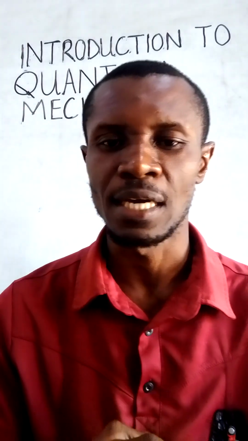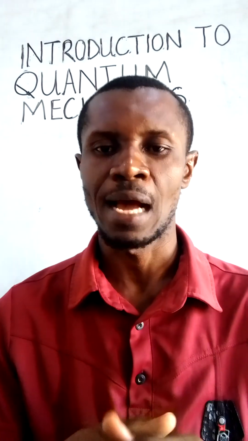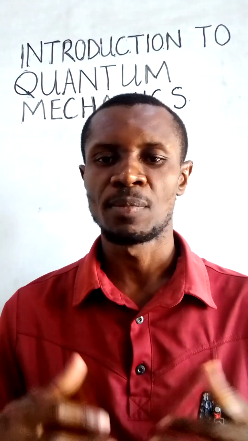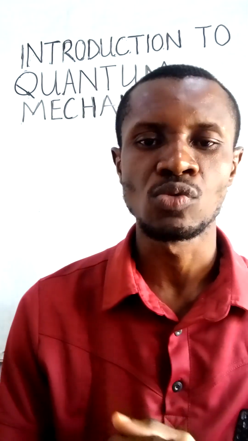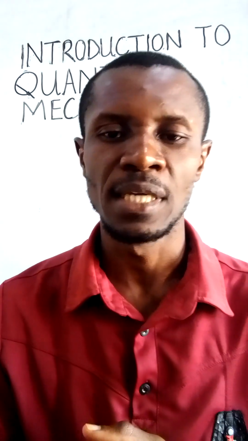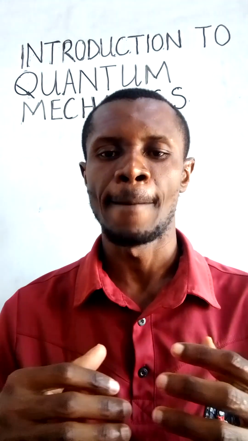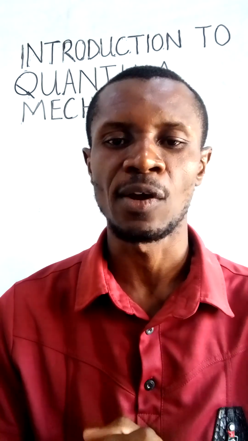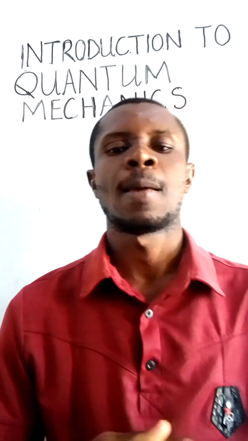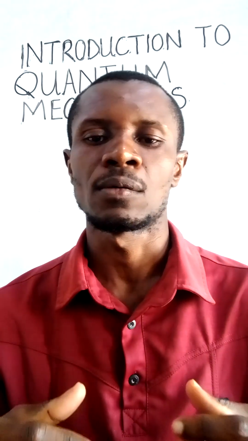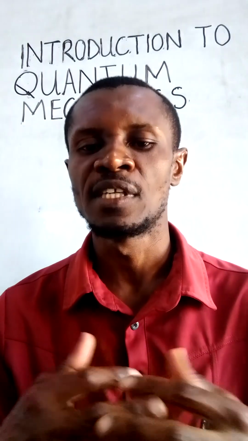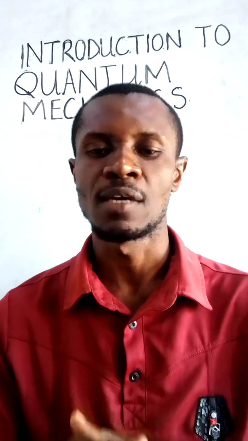In classical mechanics, measurements are quite certain or deterministic. Measurements are said to be deterministic in classical mechanics because every measurement made can be given to a precise degree of accuracy. However, in quantum mechanics, measurements are quite non-deterministic, and this is because of the nature of quantum mechanics itself.